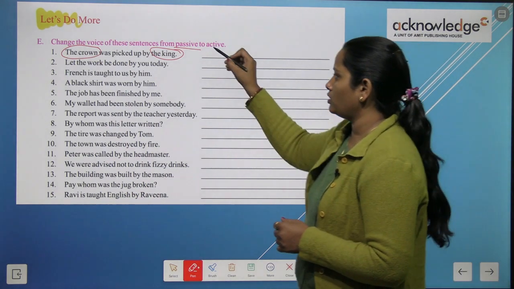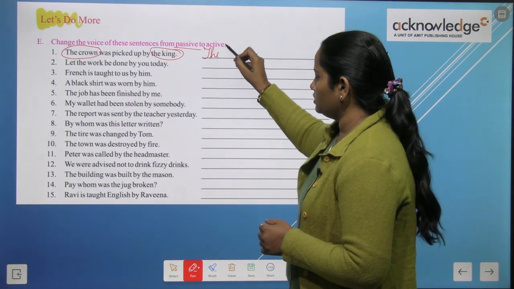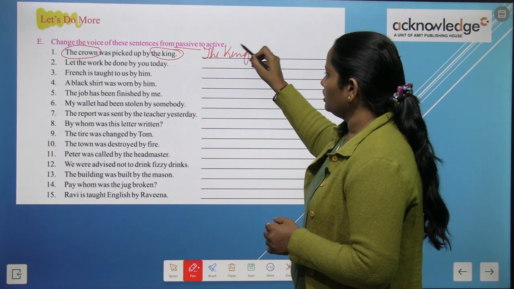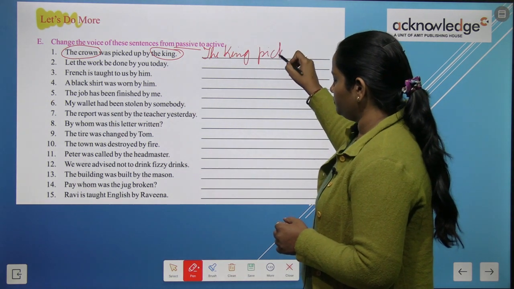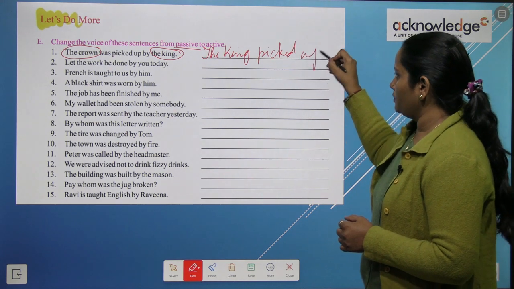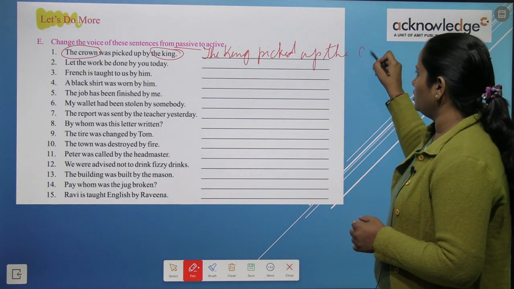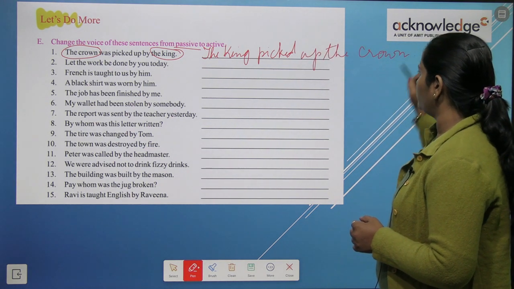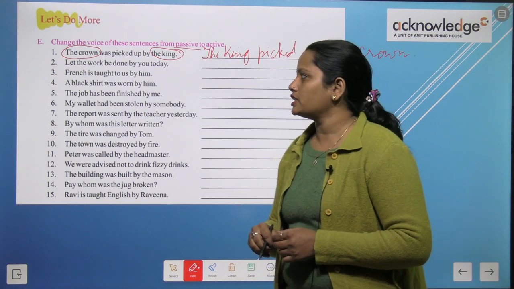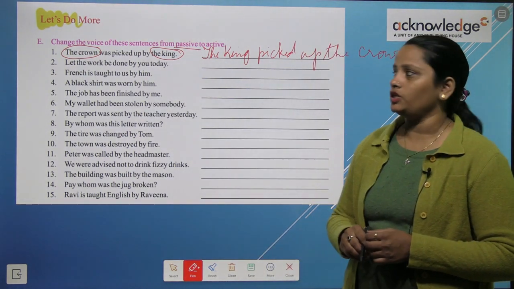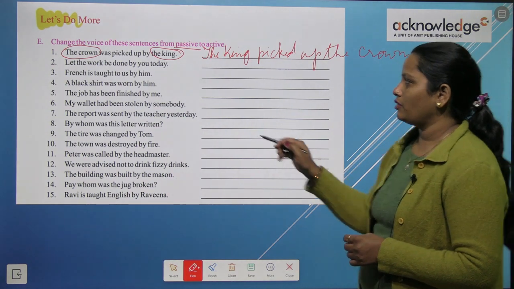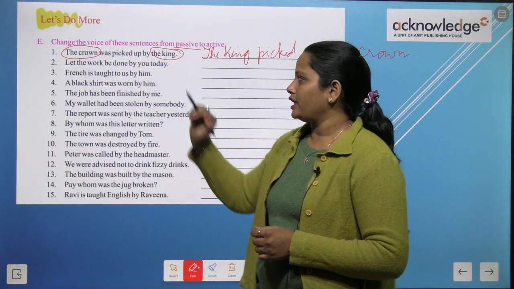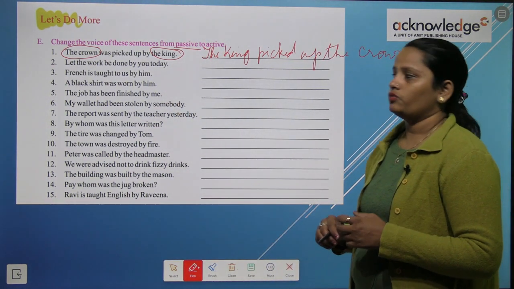So let's write down the answer. The king picked up the crown. Now the next one is let the work be done by you today. So here we have to change the place of you and work done.